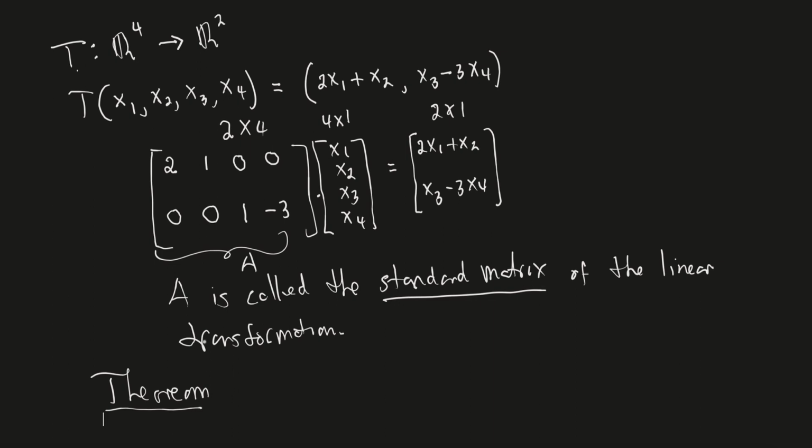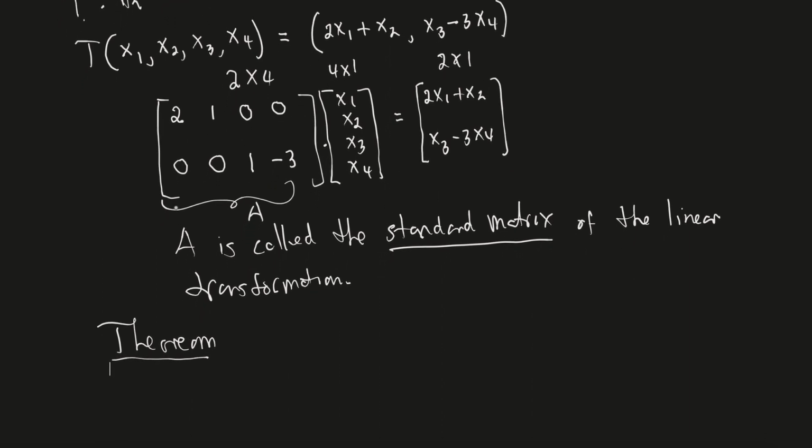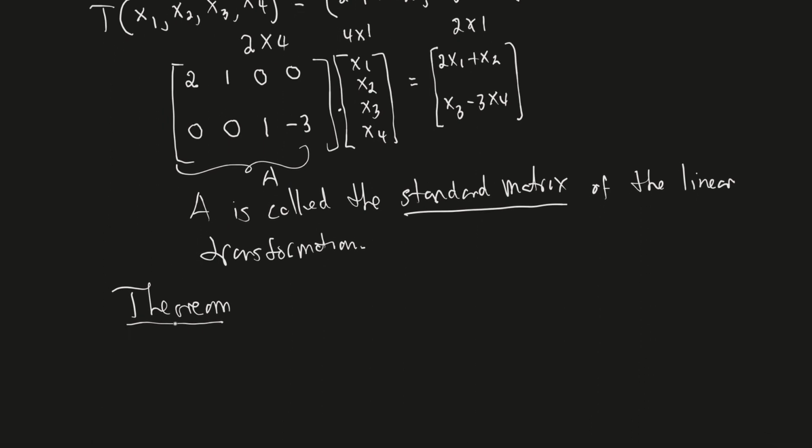It basically says this: every linear transformation from Rn to Rm can be expressed as a matrix transformation, or using matrix multiplication with the appropriate sized matrix, right? So every linear transformation can be written in this particular form, and therefore they will each have their own standard matrix, right?